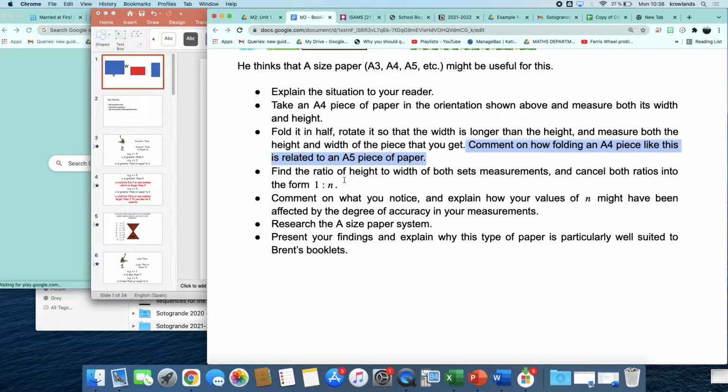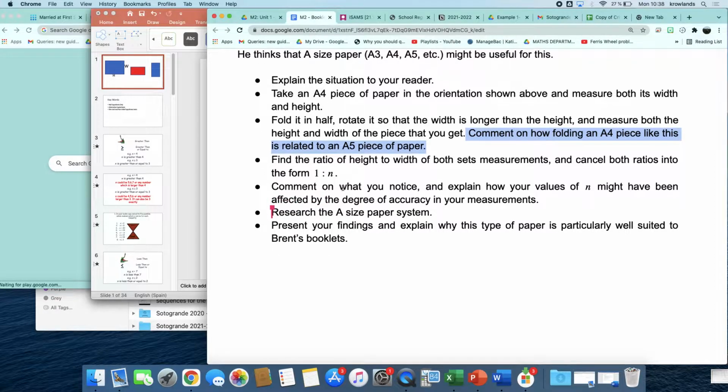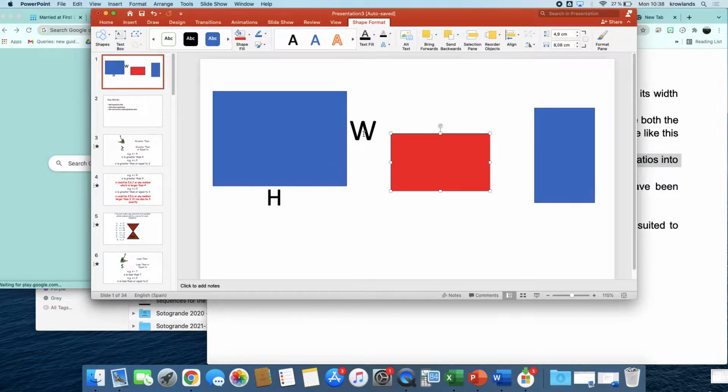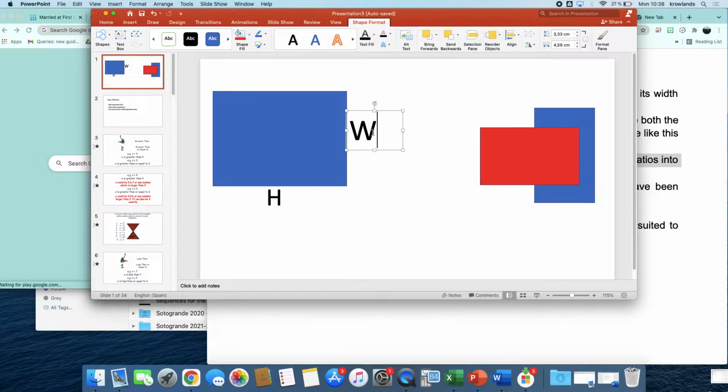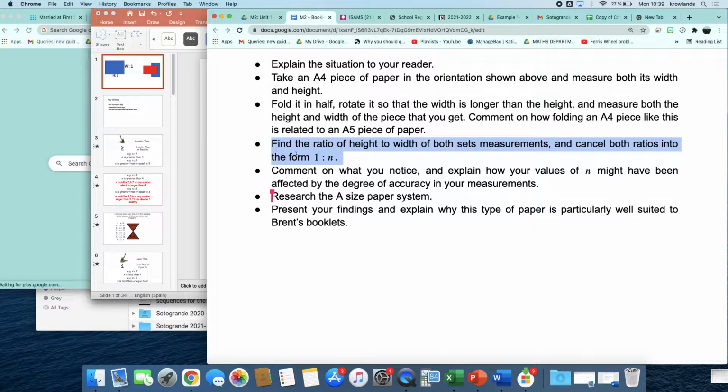Now it says find the ratio of the height to the width of both sets of measurements and cancel both ratios in the form 1 to n. This is the most academic sentence, but it's quite straightforward. What I mean by that is, let's say the width is 1. And let's say that the height is 3. These are numbers which are incorrect, so don't copy this. It says find the ratio of height to width in the format 1 to n.